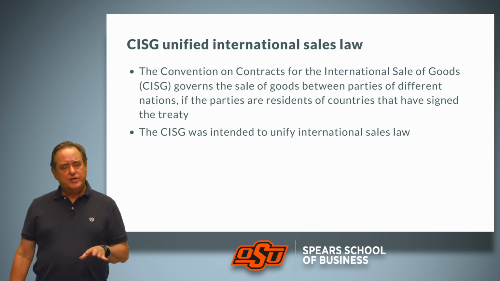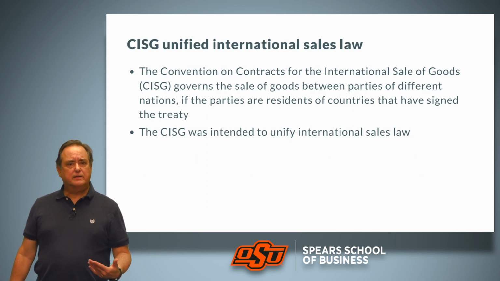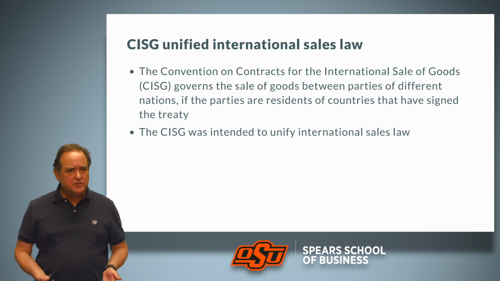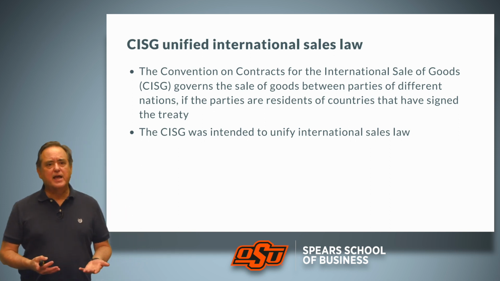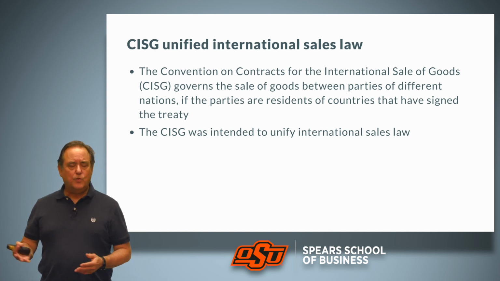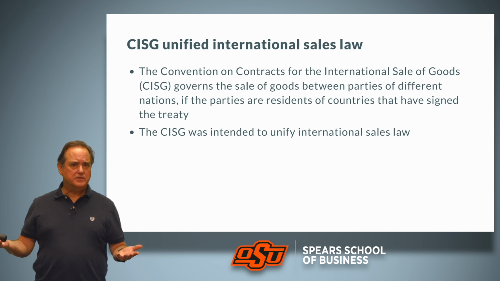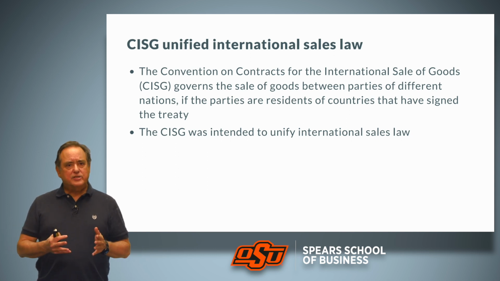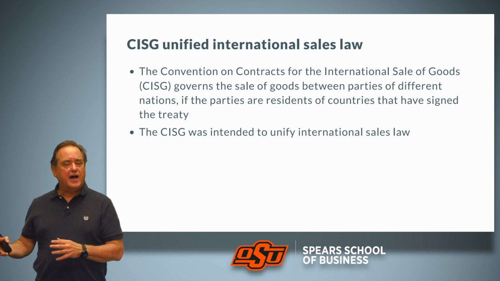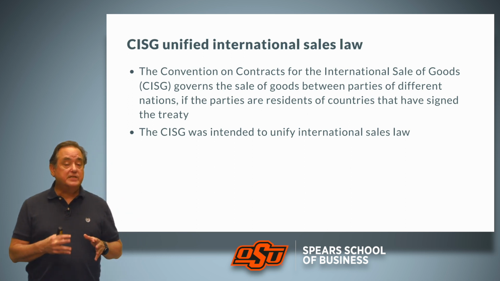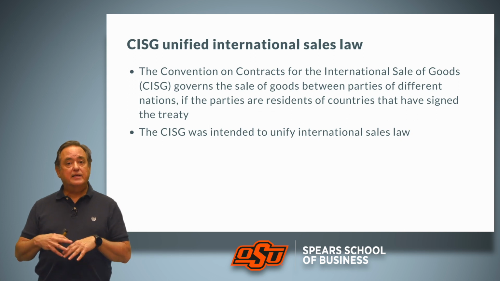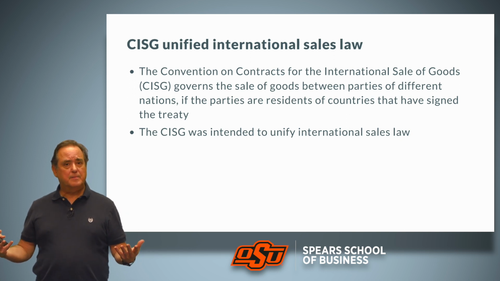Now, the CISG is a treaty, the United Nations Convention on Contracts for the International Sale of Goods. We'll call it the CISG, and it is what we're going to study for the rest of the semester. The CISG attempted to unify international sales law in the same way that the UCC unified domestic sales law.